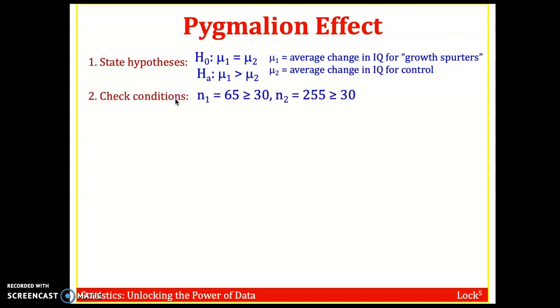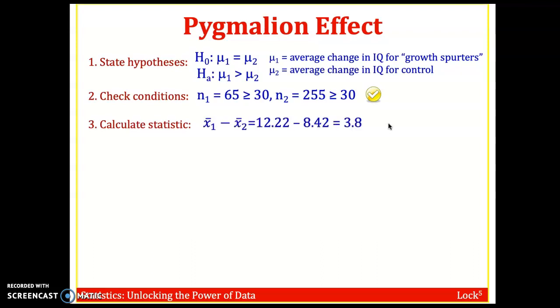All right, conditions. Sample size for 1 was 65 for the growth spurters, definitely bigger than 30. And the second sample size, the control group, was 255. So we're good there. We check conditions. Sample sizes are large enough to use t distribution.